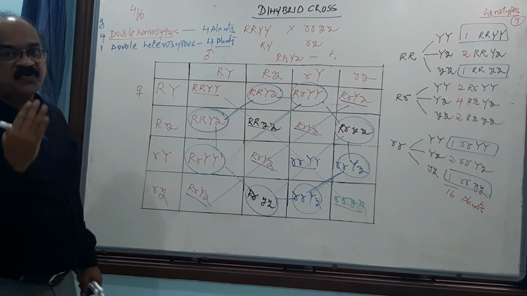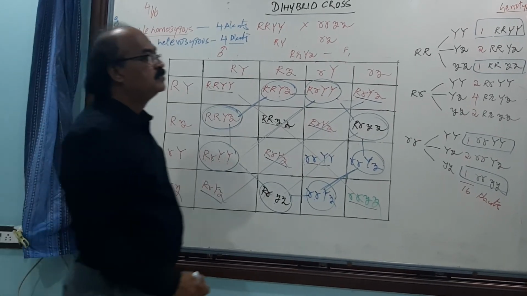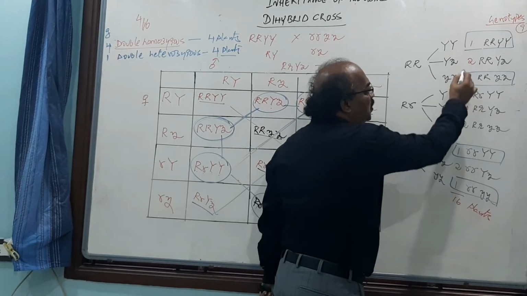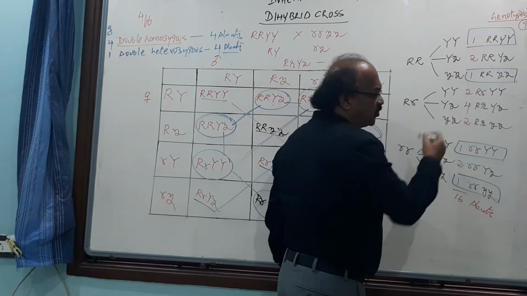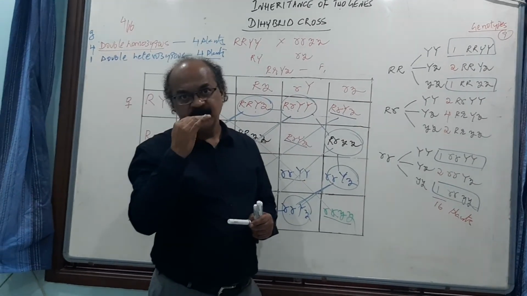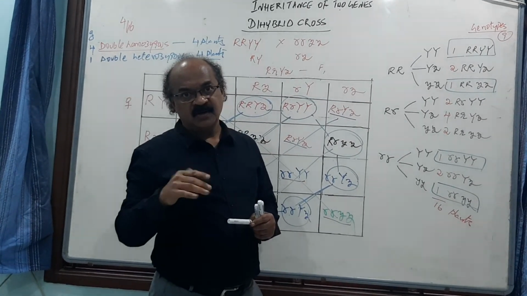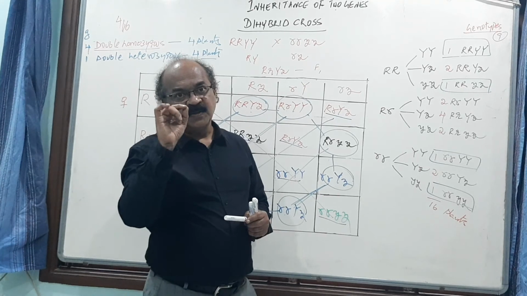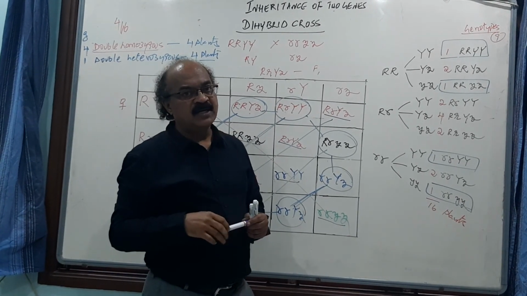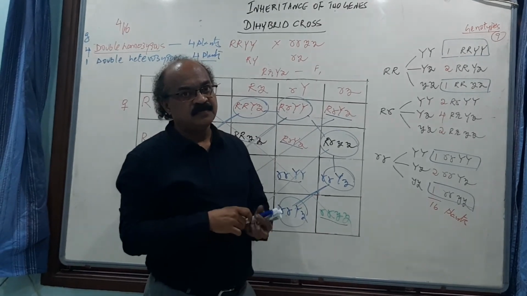Eight plants, 4 genotypes. 1, 1, 1, 1. 2, 2, 2, 2, 4. 1, 1, 1, 1. Double homozygous. 4 double heterozygous. 2, 2, 2, 2. 1 for homozygous, 1 for heterozygous.